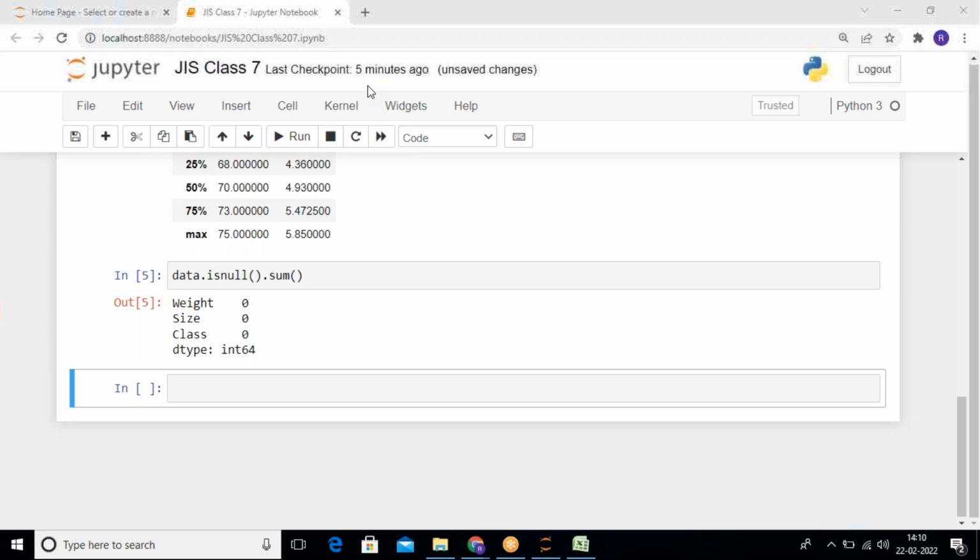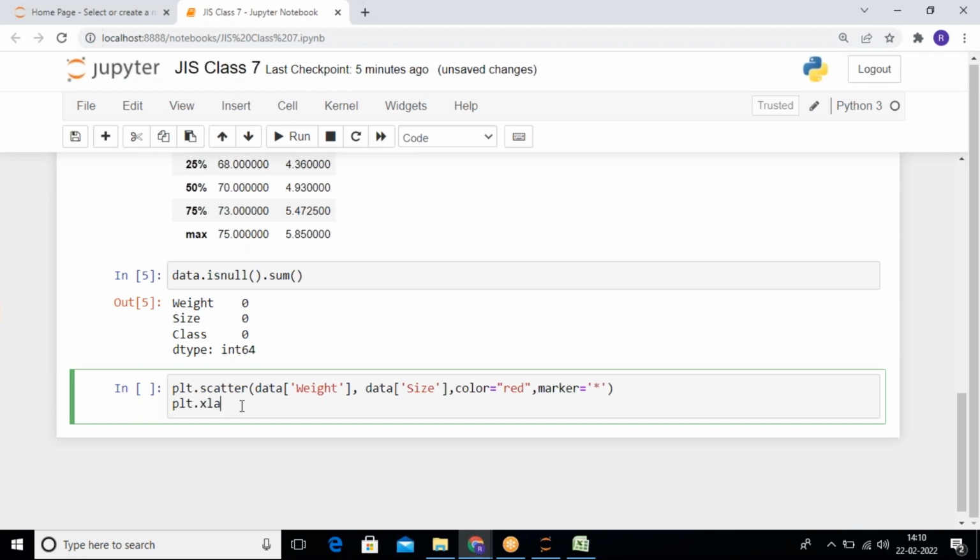Now I will just go for the scatter plot. What will be the X label? It will be weight, and the Y label will be size, suppose.